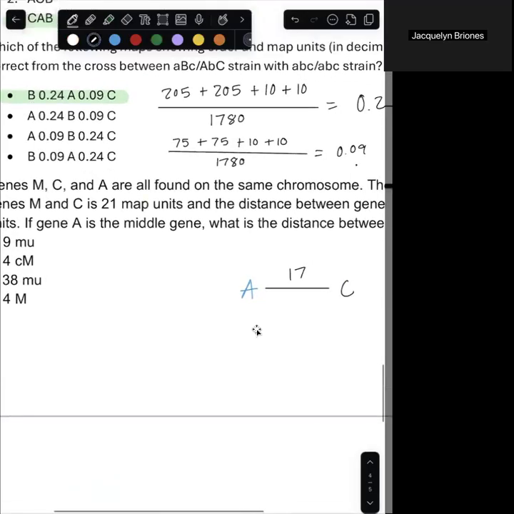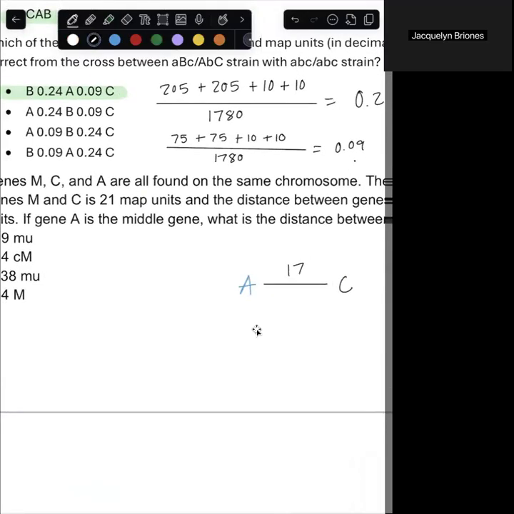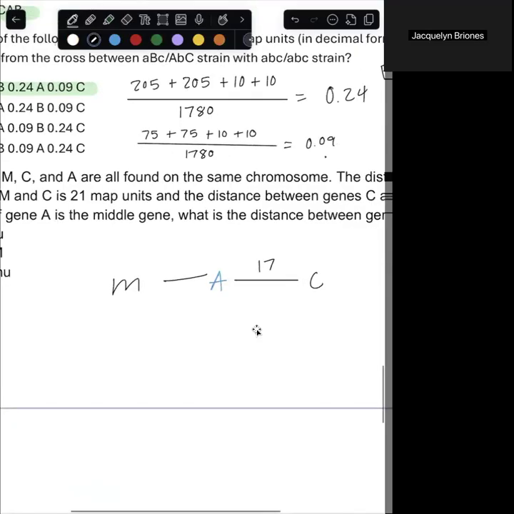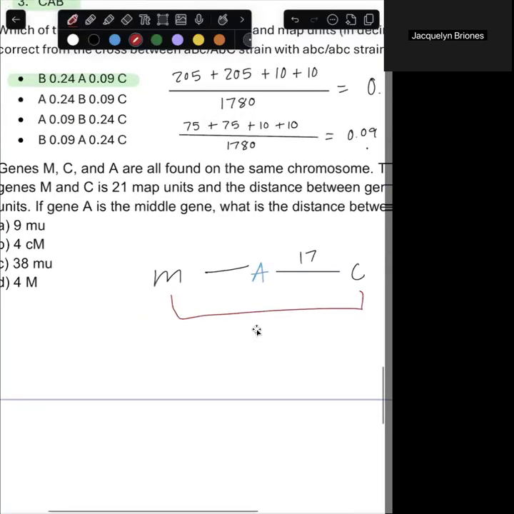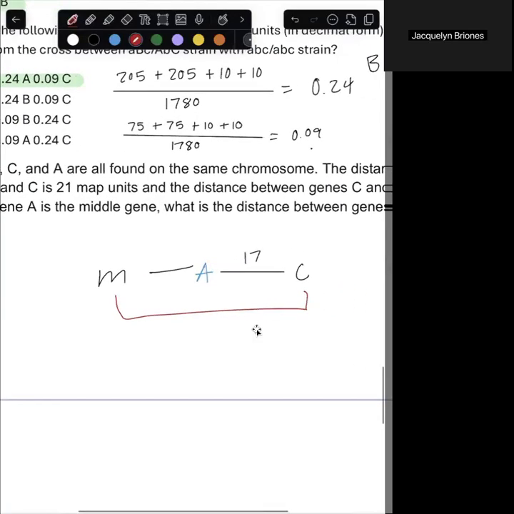If A is in the middle, then M is going to be on the other side. And from M to C is 21. So 21 minus 17 is 4.